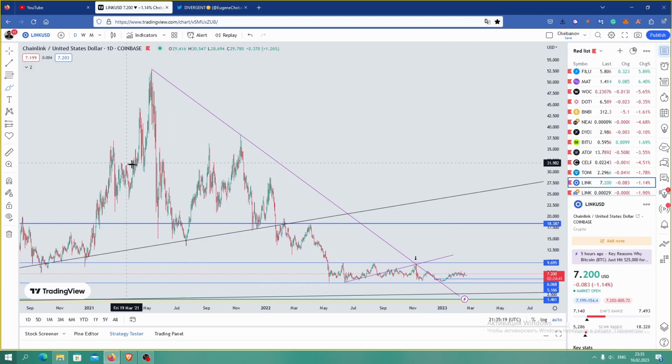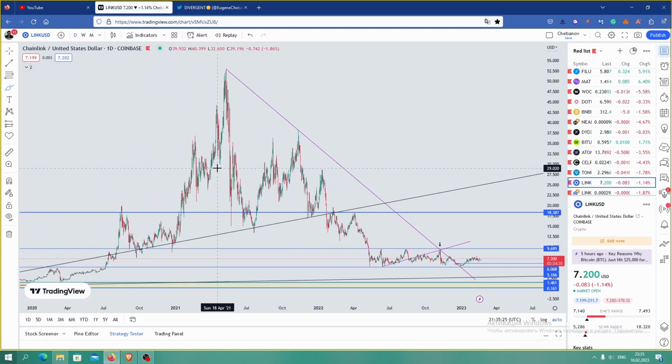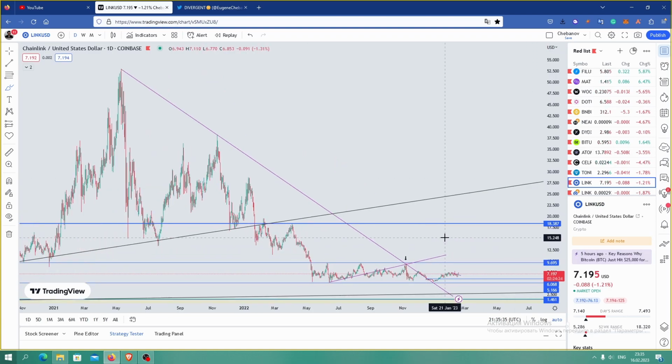What is going on? This is the thing that I told you before, when everybody was very optimistic and euphoric about the launch of Chainlink's staking, and that is the result of that staking launch.